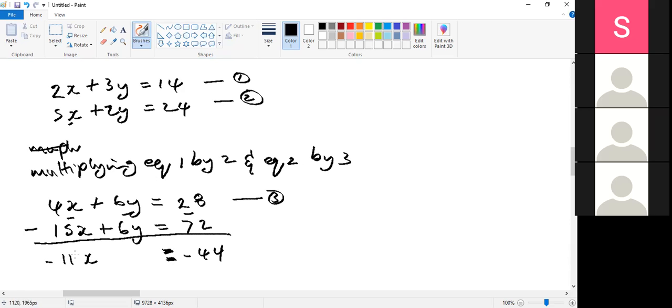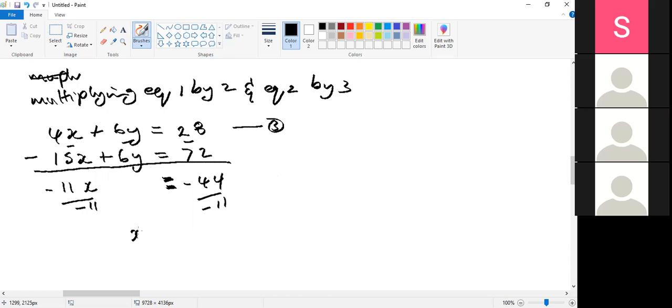Then we divide both sides by negative 11, and we get 4. So x equal 4.